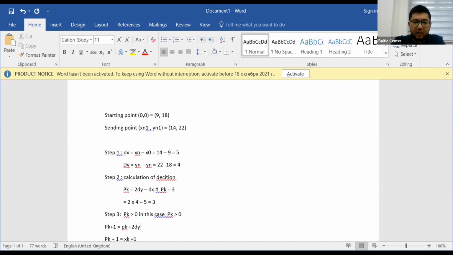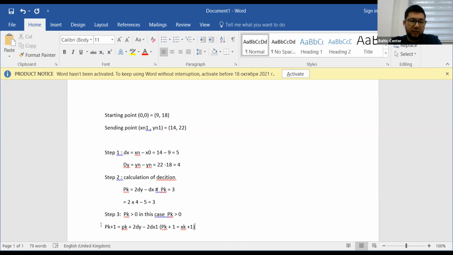And when you're calculating, you must always remember that there is also -2 delta x. It's actually a small delta. This is for another case, for example if the pk is lower than 0, but I will explain this part later.